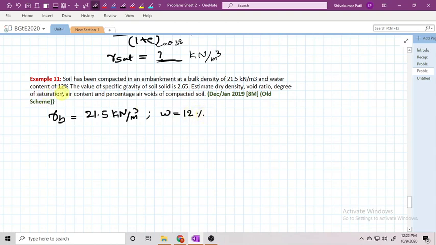The value of specific gravity of solids, Gs, is equal to 2.65. Estimate the dry density. What are they asking?